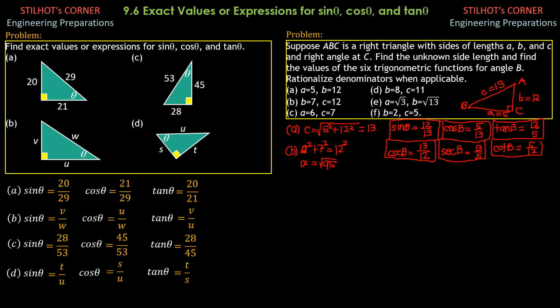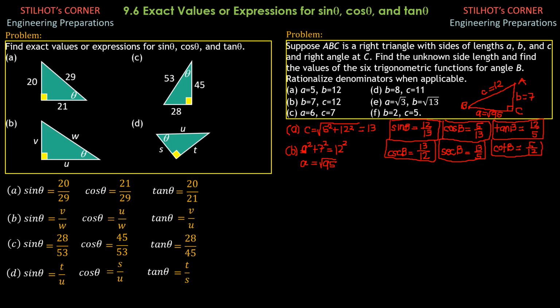So I will now erase the given parts here. So a is the square root of 95. b is here given 7 and c is 12.